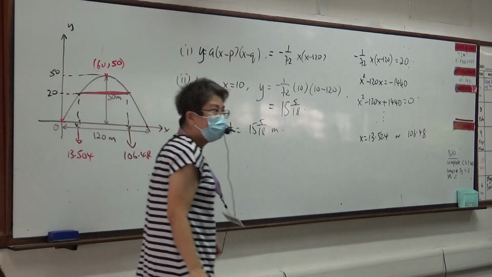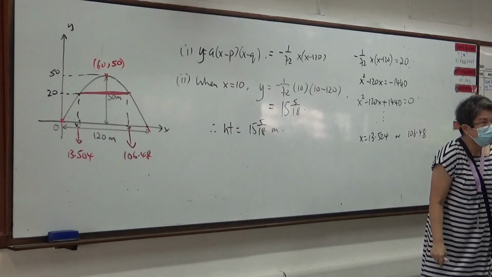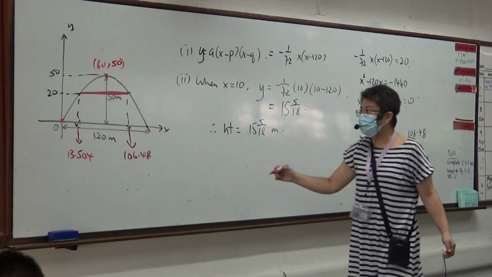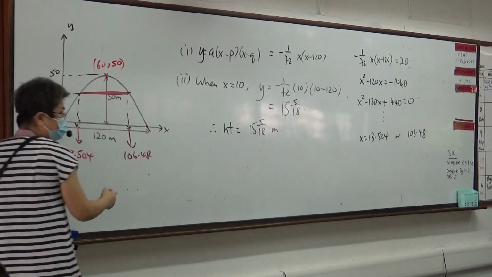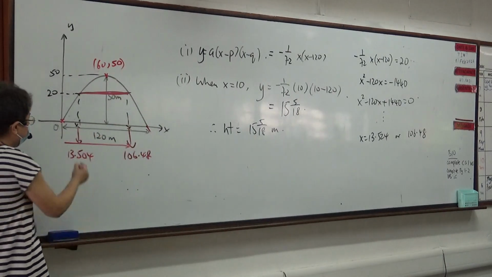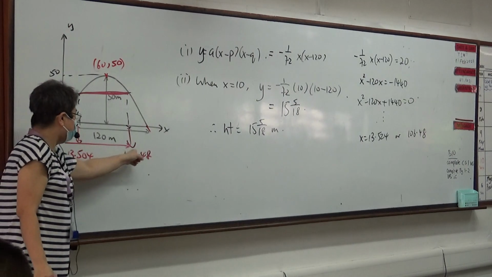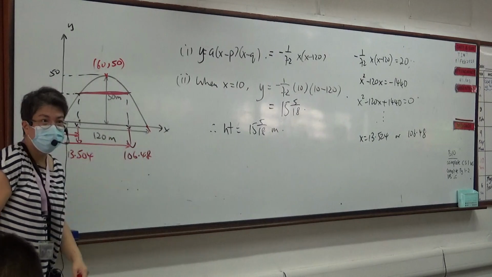How do I get the width? I minus, right? Can you see it? Why? Okay, Olga. This point, the whole thing is 106.48. This point is like that, 13.524. So the width is this whole thing minus this one.